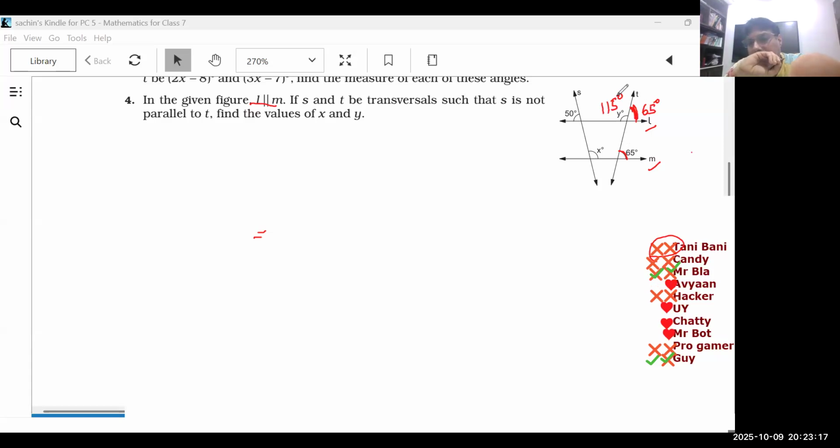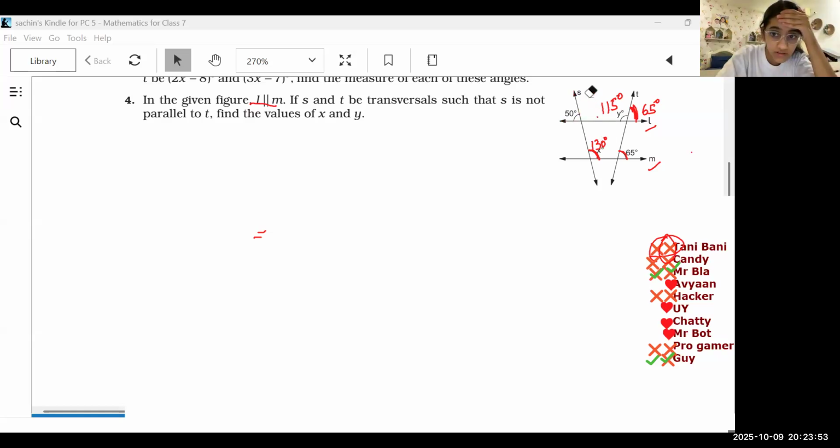So next question, how will we solve it? Candy and Tani Vani. 180 minus 50, this would be 130. What's the reason? Because they are a linear pair. And how much will this angle be? 50. 130, because what's the reason?